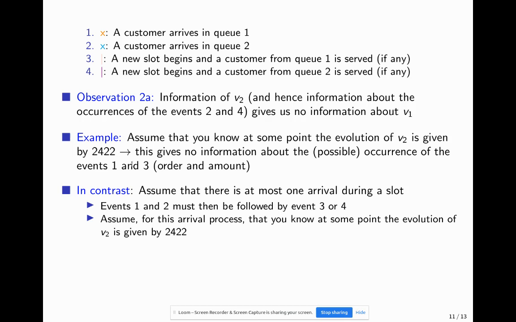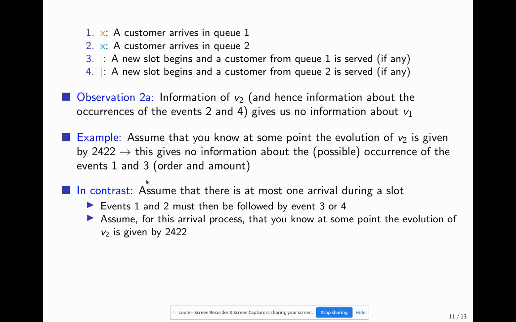Then this gives you no information about the possible occurrence of the events 1 and 3, by which I mean the order and amount. Between these numbers, before or after these numbers, you have no clue about the occurrence of the 1s and 3s. This is quite strong, and it's because these events are independent from each other.